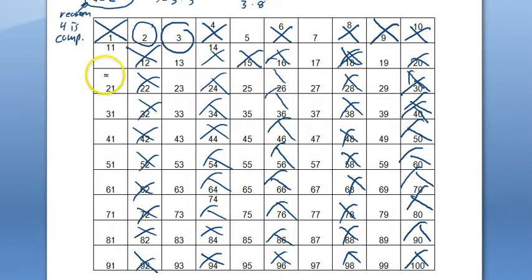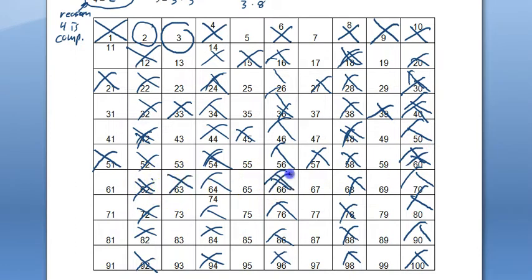So just count out: 3, 18, 21, 24, 27, 30, 33, 36, 39, 42, 45, 48, 51, 54, 57, 60, 63, 66, 69, 72, 75, 78, 81, 84, 87, 90, 93, 96, and 99. So we just cut a bunch more. We just keep moving this on.